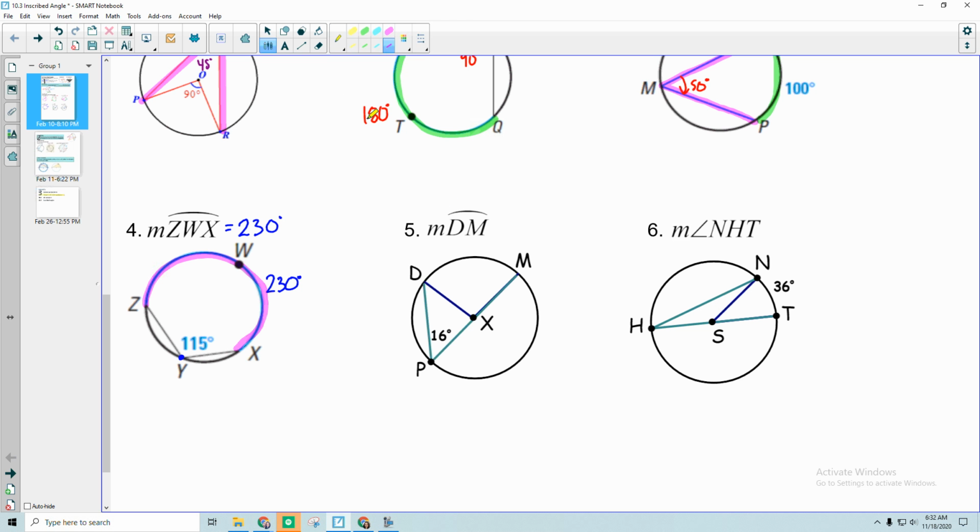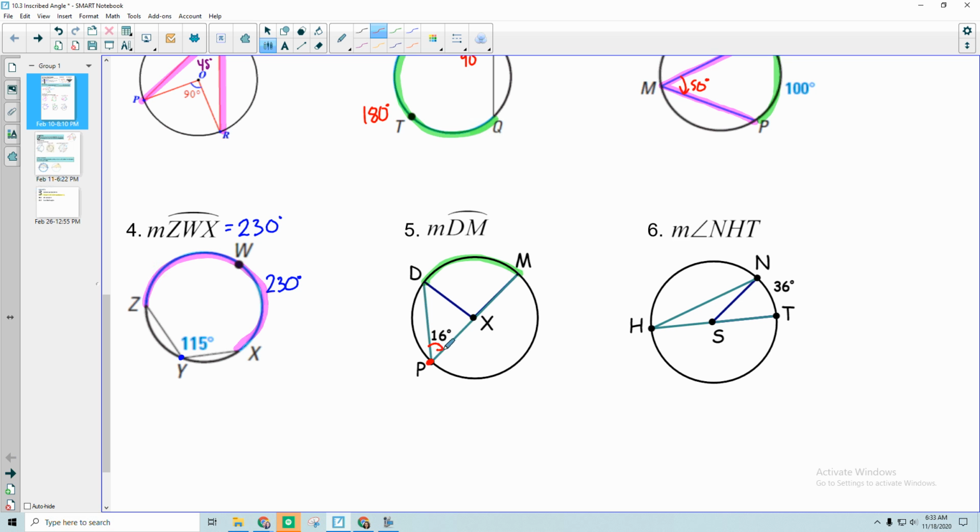Okay, last couple of problems. So the measure of arc DM. So that's from here all the way to here. So this picture looks a little bit different than stuff that we've been used to looking at, but the same things are still going to apply. So this angle right here is our inscribed angle.